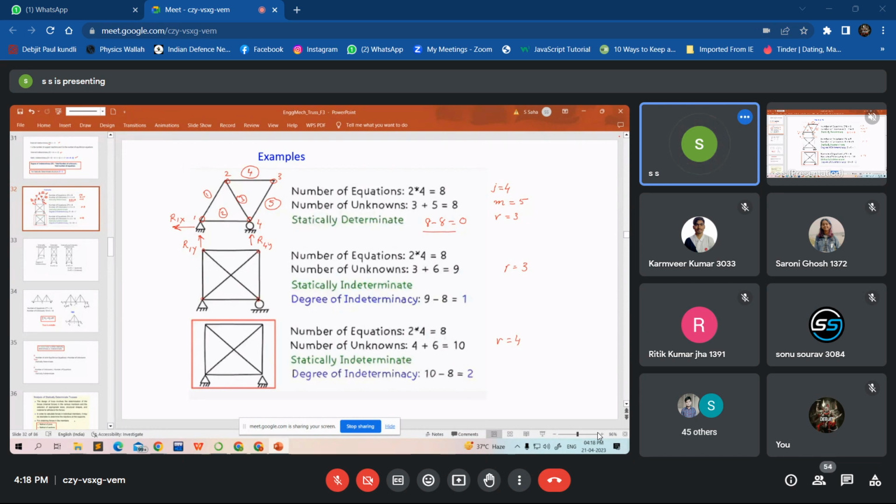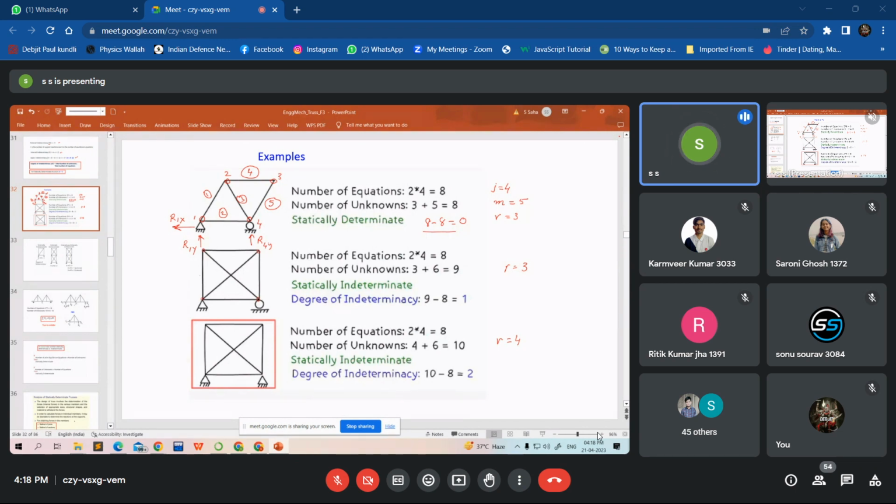So 1, 2, 3, 4, 5, 6. I think this is counted also. It will be made clear whether this is counted or not, whether there is a joint or not. So here the number of unknowns is 6 plus 3, 9. So it is a statically indeterminate structure.